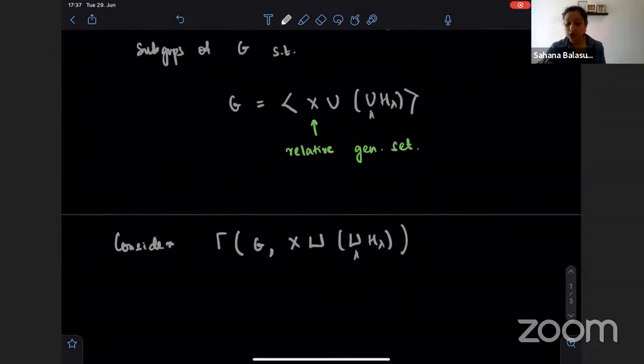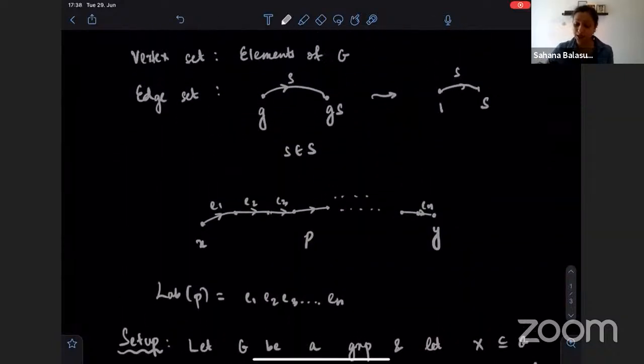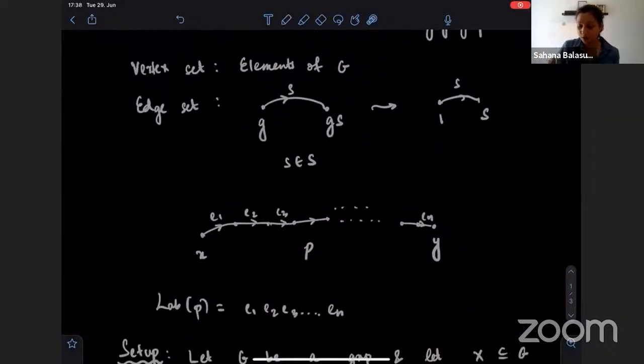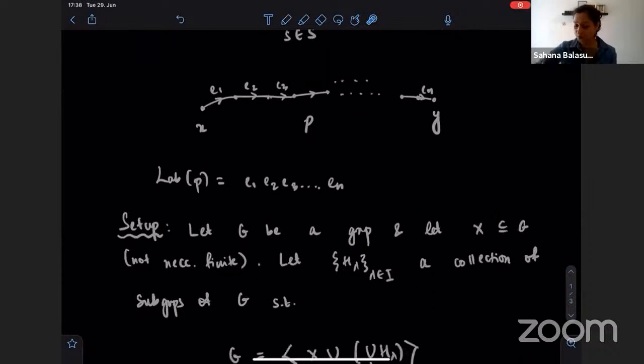Well, if I were to just construct the Cayley graph following this rule that's given over here, then my element S, which belongs to my generating set, doesn't really provide me with information about whether the element S is in the relative generating set X or whether it's in one of my subgroups H.